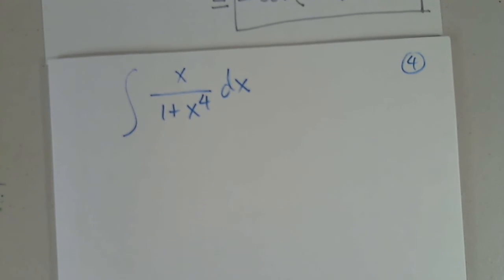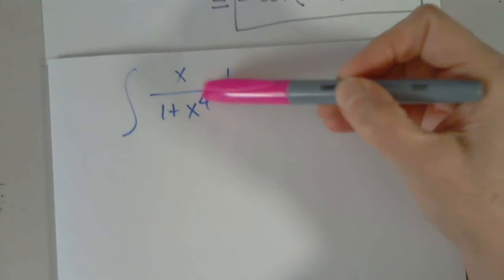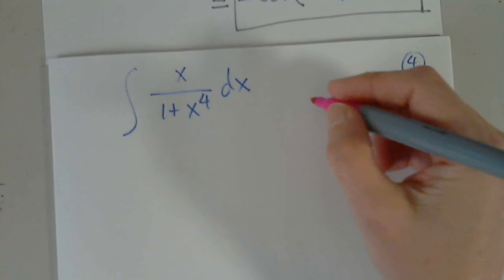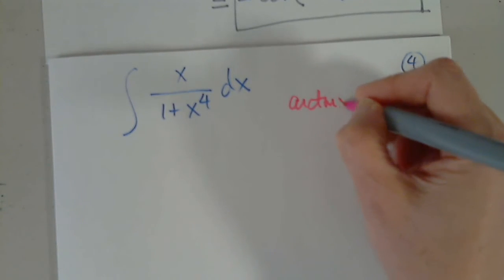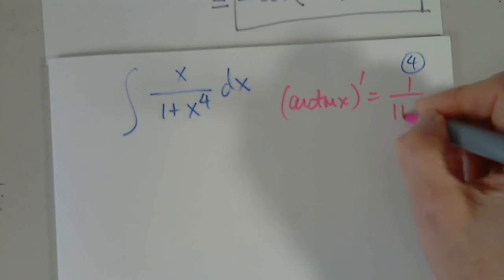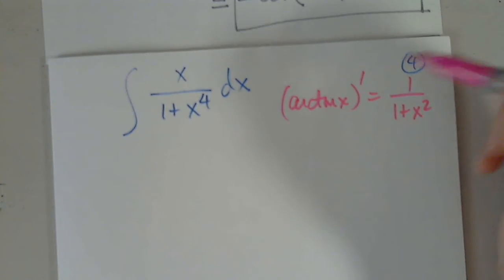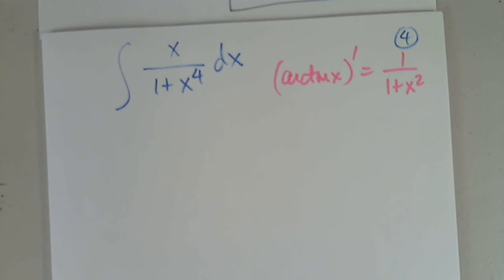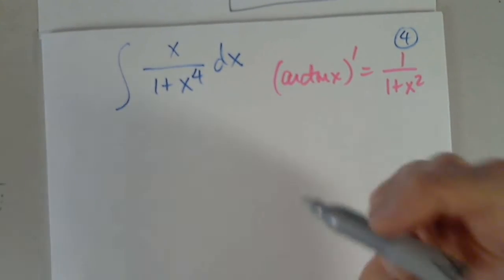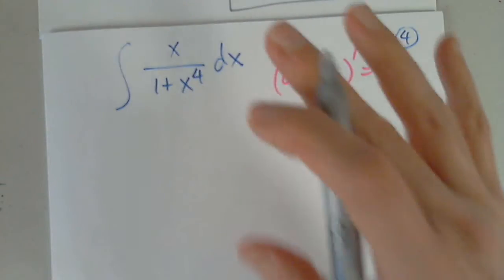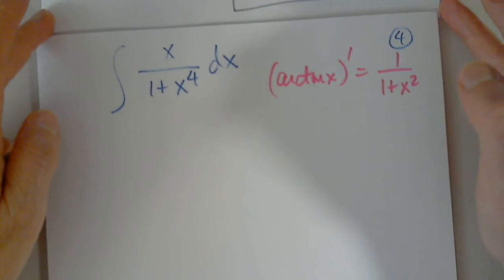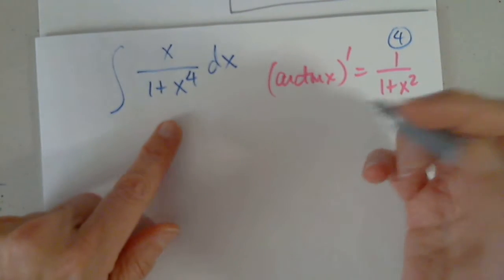My starting point would be to look at this x to the fourth, and also I have in mind the fact that I know that arctangent prime is 1 over 1 plus x squared. So I kind of see something like that in there, but I'm not there yet. I'm far from it. So at this point, I will say, it's okay if you try different substitutions. I'm just trying to explain.